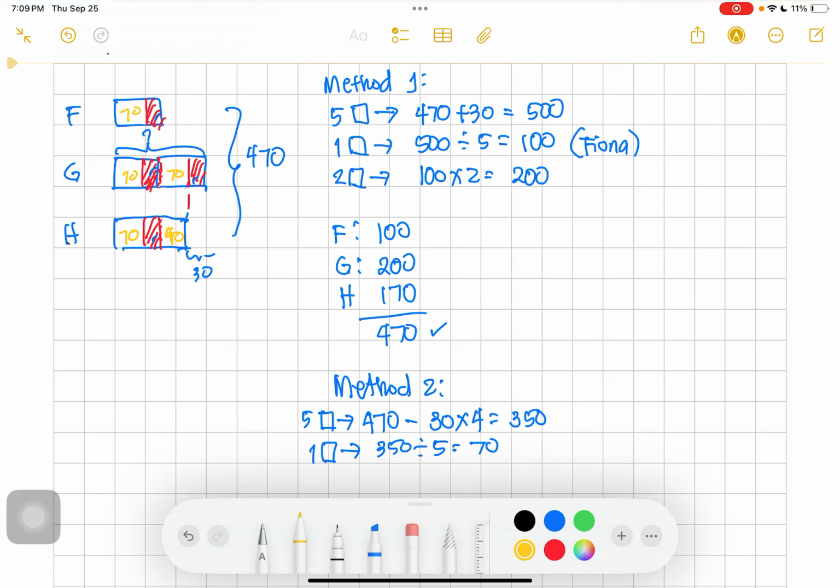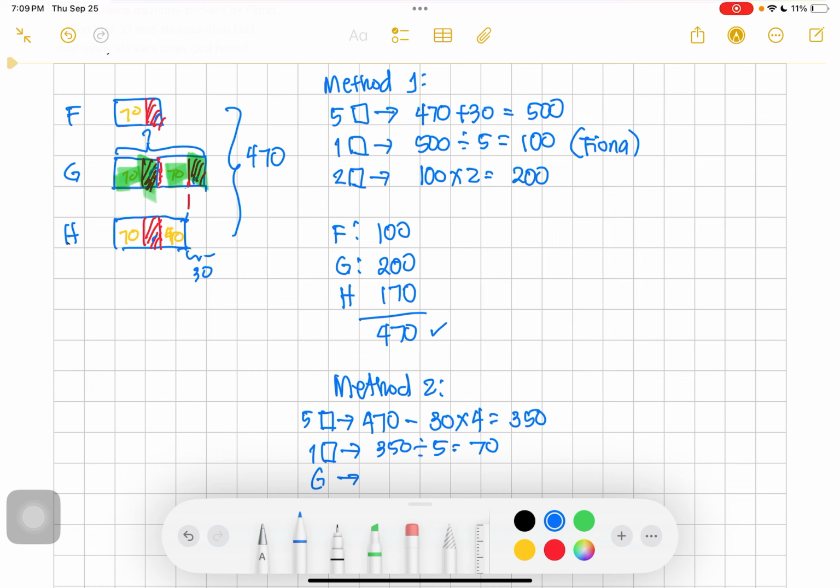We want to look for Gail. So for us to have Gail, that would be 70 plus 70 plus 30. Don't forget, there's 30 plus 30.